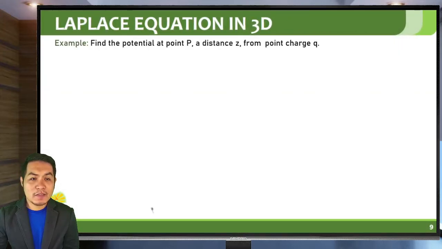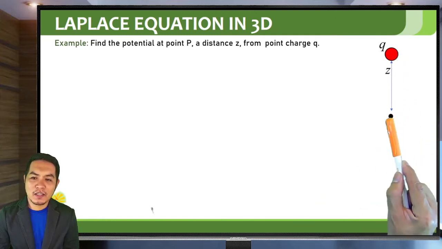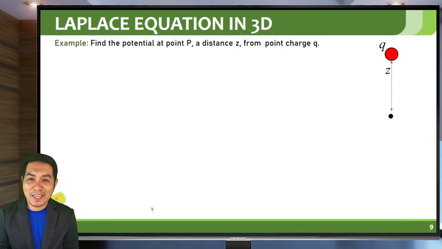Okay, let's have an example to prove the method of relaxation. So suppose you are asked to find the potential at point P, a distance z from a point charge q. So you have a point charge q, and you are asked to find the potential at this point here, which is a distance z from your point charge q. Of course, we can easily solve this, but we will use this to verify that we get the same result.